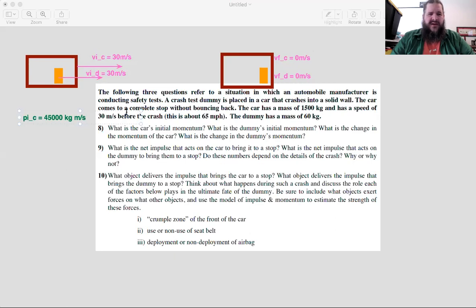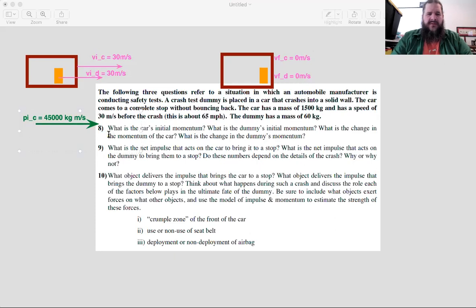And since this is a vector quantity, we should have a direction associated with that. So that will be in the same direction as the velocity itself. So the momentum of the car is 45,000 kilogram meters per second in the forward direction.